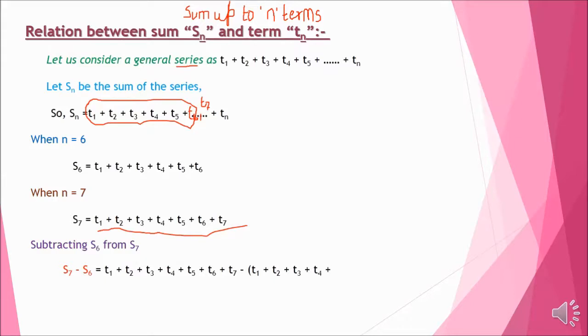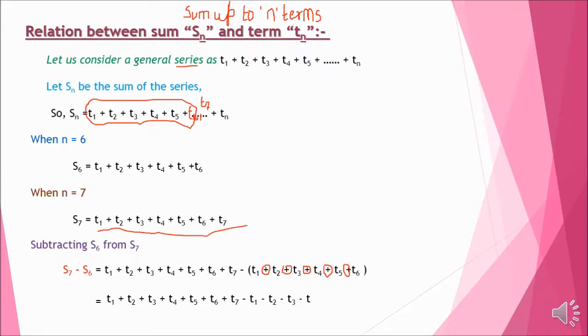After opening the bracket, the signs will be changed. All these plus signs will be changed to minus signs. You can see T1 plus T2 plus T3 plus T4 plus T5 plus T6 plus T7 minus T1 minus T2 minus T3 minus T4 minus T5 minus T6.